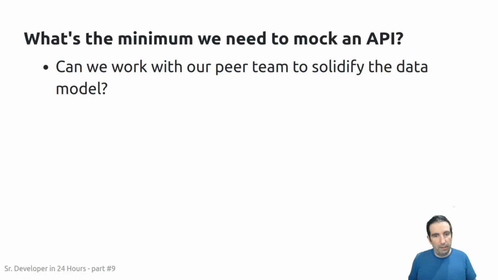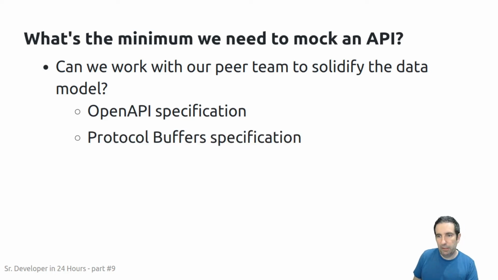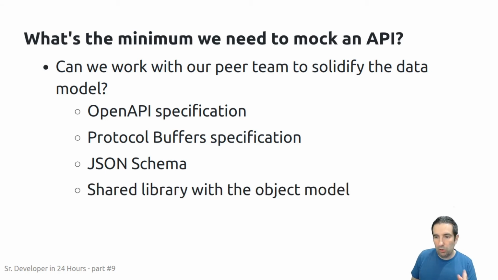Can we work with our peer team to solidify the data model up front? Can we agree on an API specification, protocol buffer specification, JSON schema, or maybe even a shared library with the object model already built, so that at least we have come to the agreement that this is what the data model looks like.